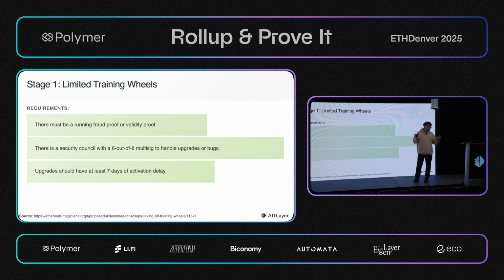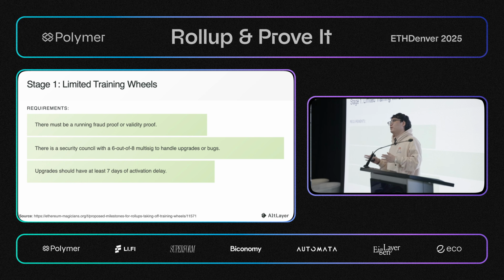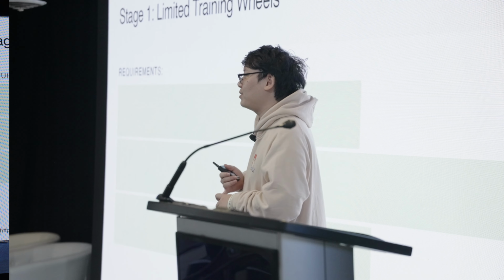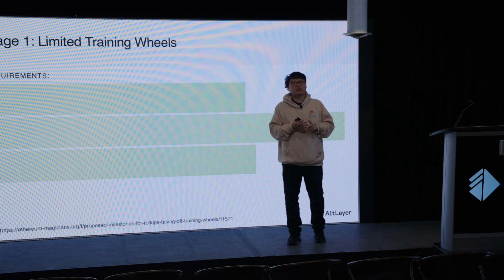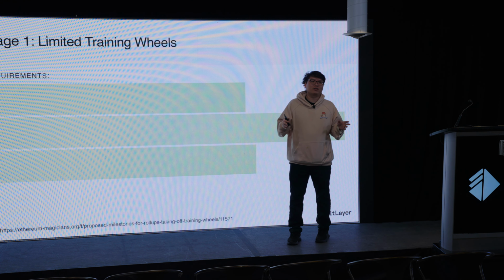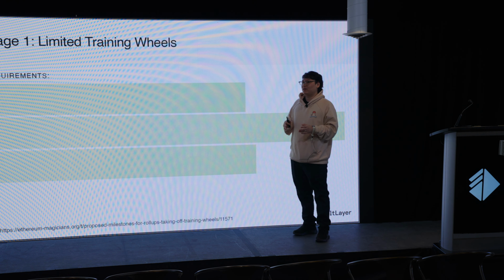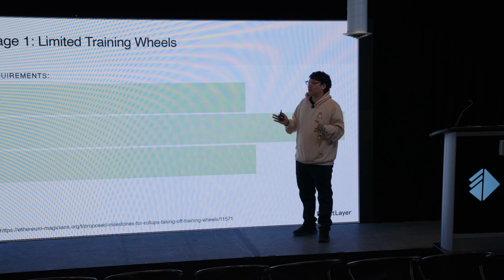Then for stage 1, later I will show you the picture from L2BEAT. For stage 1, you can treat it as, on top of this single sequencer, having a proof system. For example, current OP and also Arbitrum. Especially Arbitrum, even 2 or 3 years ago, was the first to have a full-fledged fraud proof system.